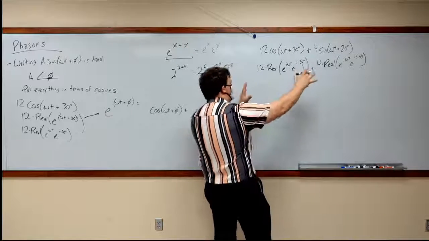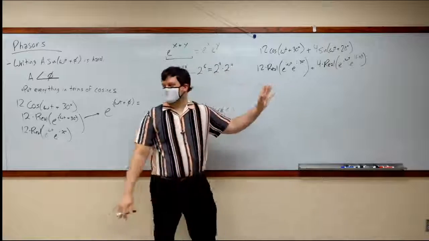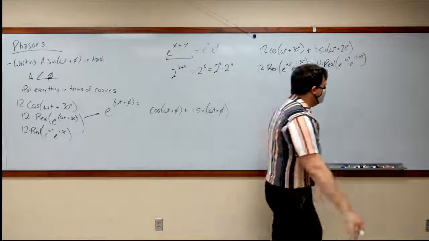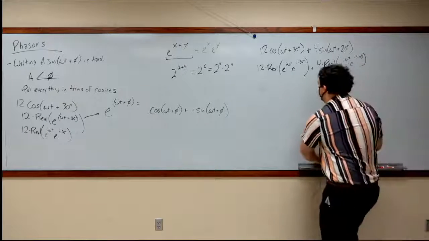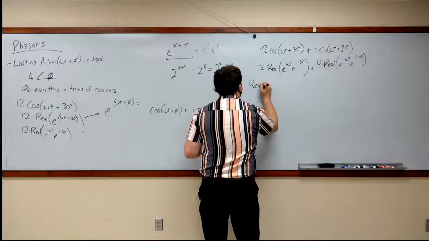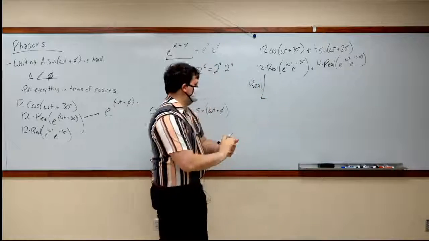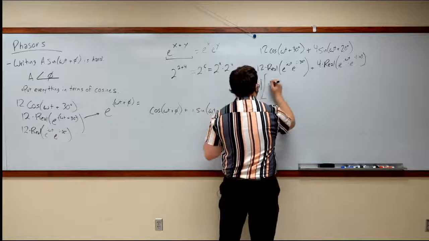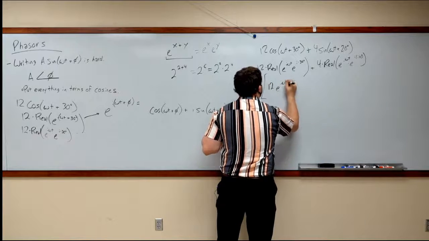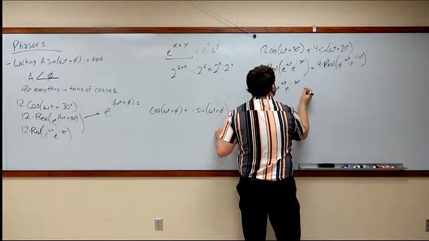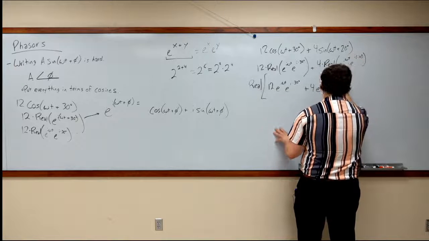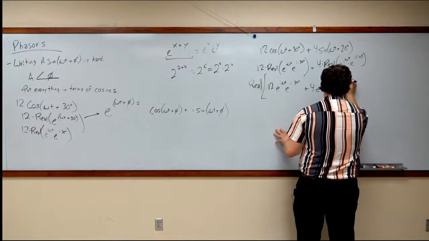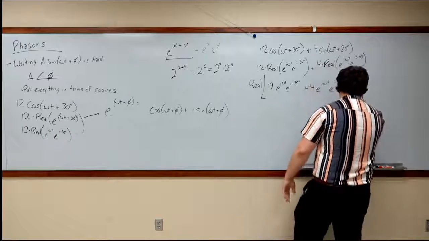So I'm just going to go ahead and say we're only looking for the real components in this entire equation. So I'm just going to write real out front and put everything in brackets. What we're now dealing with is the real component of 12 e to the I omega t e to the I times 30 degrees, plus 4 e to the I omega t e to the I times negative 70 degrees, in brackets.